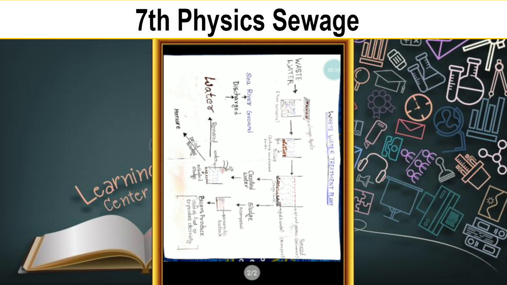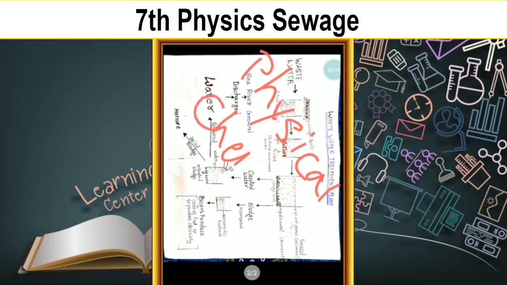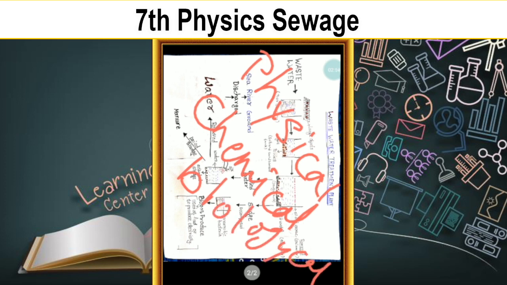Okay. What does it include? Physical, chemical, and biological processes. So these three processes are used to remove physical, chemical, and biological contaminants.